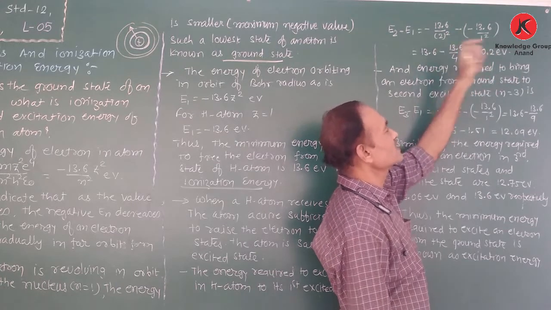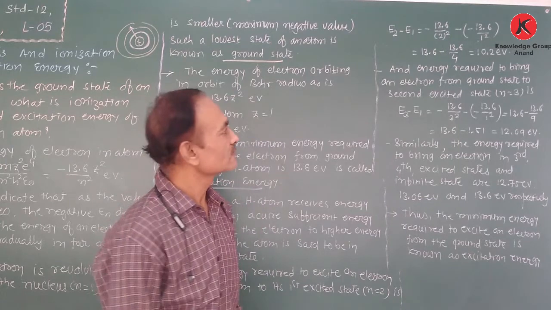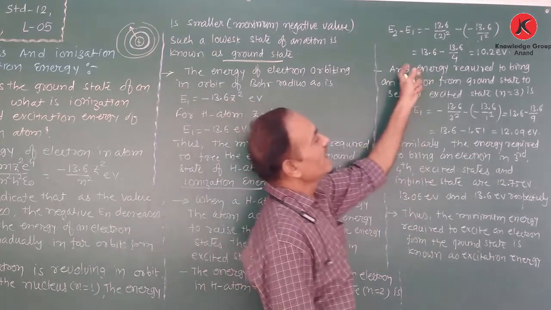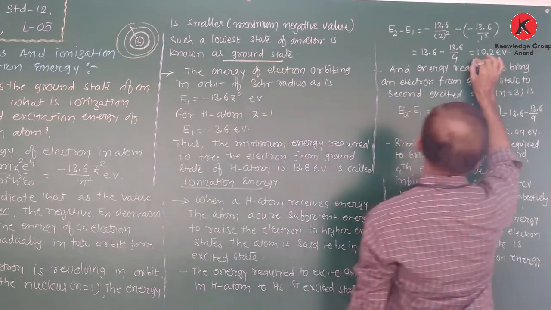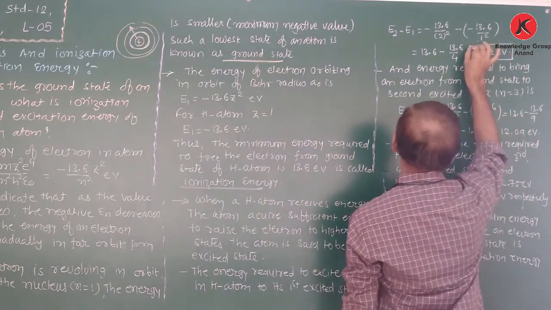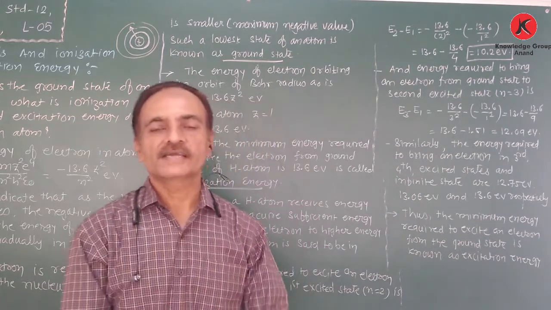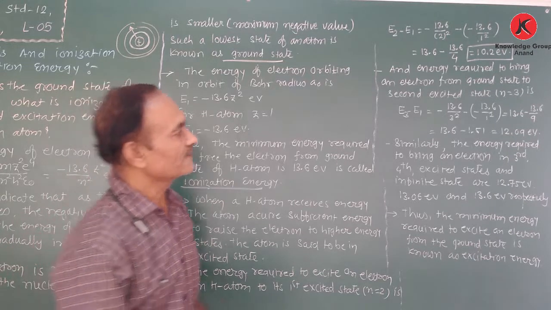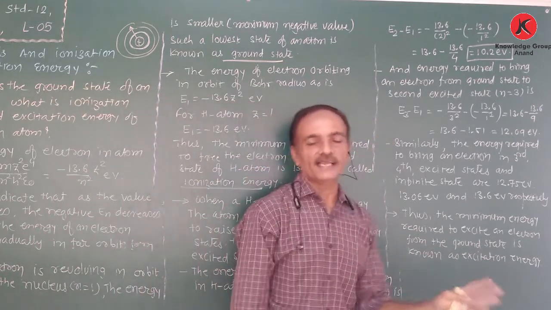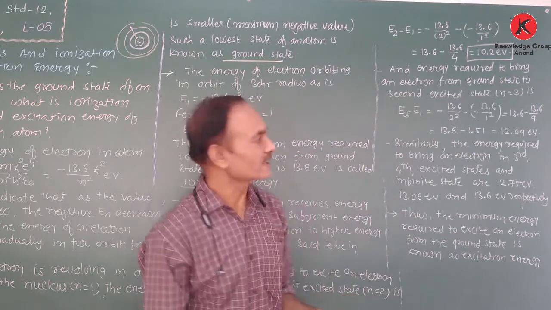As we make the subtraction, we obtain 10.2 electron volt. So 10.2 electron volt of energy is required to excite the electron from the ground state to the first excited state. After getting that much energy, the electron reaches the first excited state from the ground state.